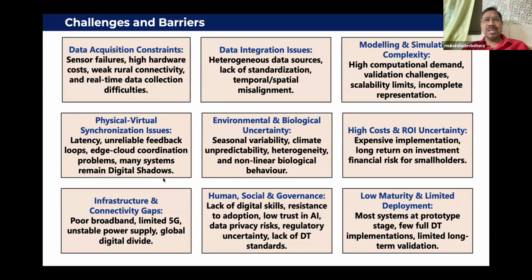People need to adopt it. They will say, what is the requirement when a populated country like ours, do we really need it? Then a cost benefit, resistance to adoption, just mentioned, low trust in AI. So data privacy, regulatory uncertainty, lack of digital twin standards.